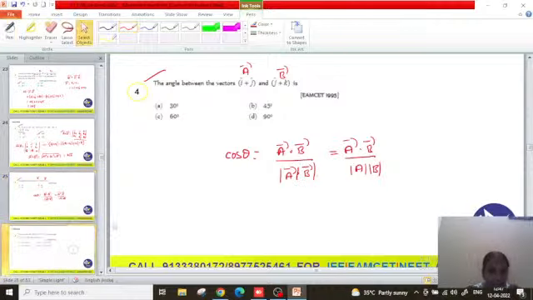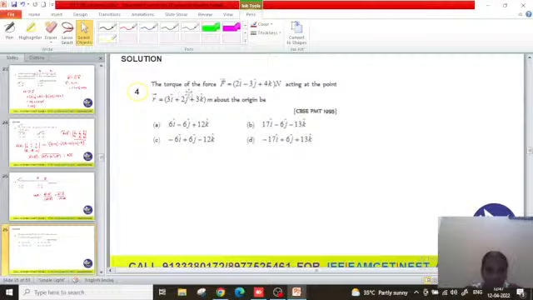And next question, we are given the force acting at a point. We need to find the torque acting. So we know that torque is the cross product of r bar and f bar. So take the determinant for this.